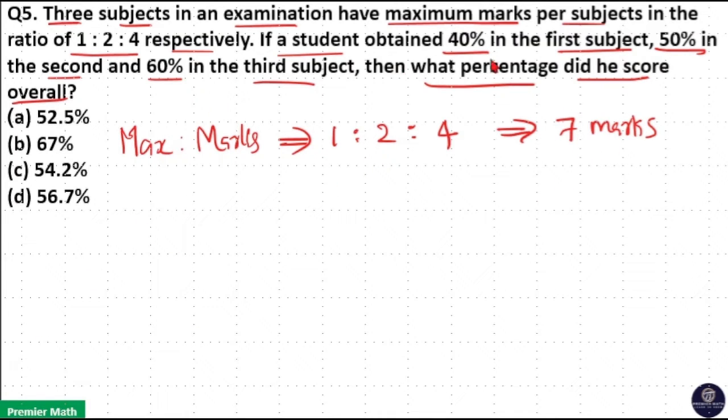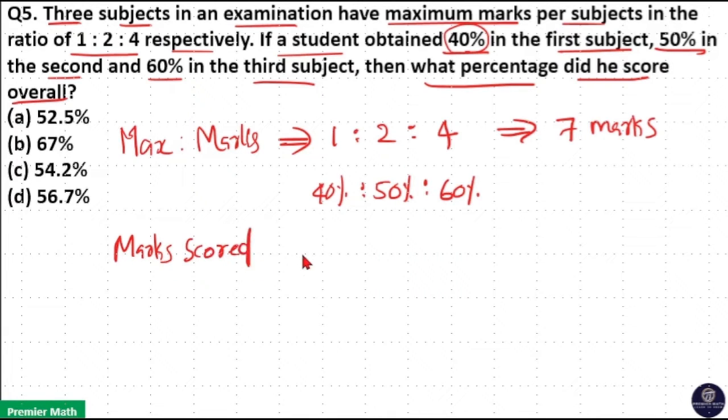Then a student scored 40% in the first subject and 50% in the second subject and 60% in the third subject. Then marks scored by the same student will be in the ratio. Here 40% he scored means 40 into 1.